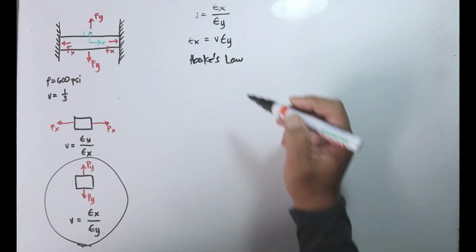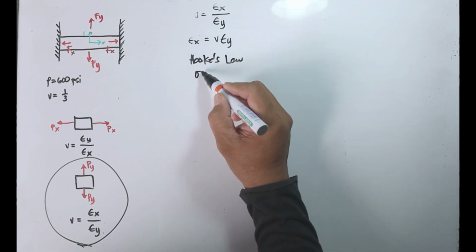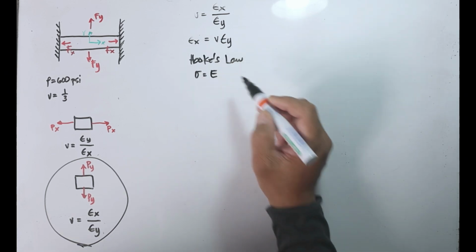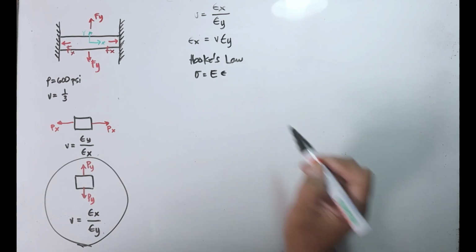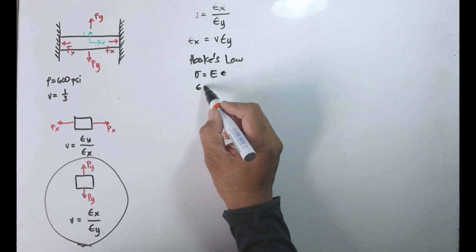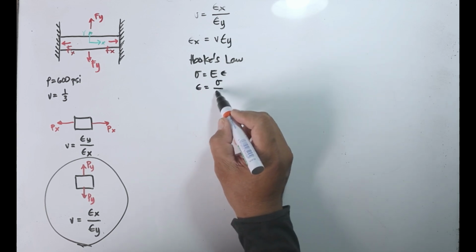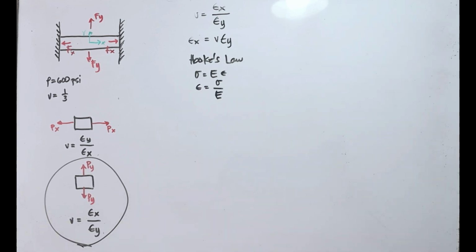Okay. Then from Hooke's law, stress is modulus of elasticity times strain, or strain is stress divided by the modulus of elasticity.